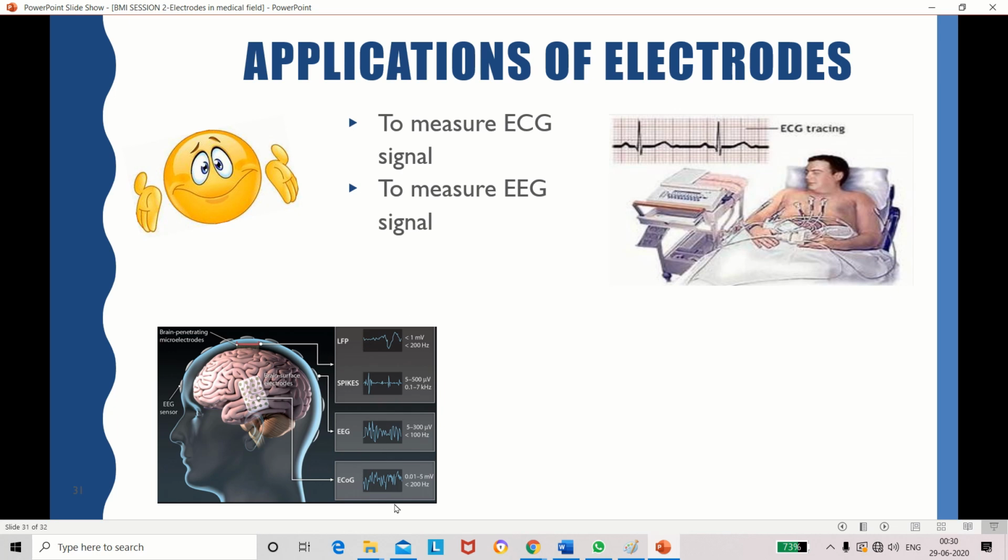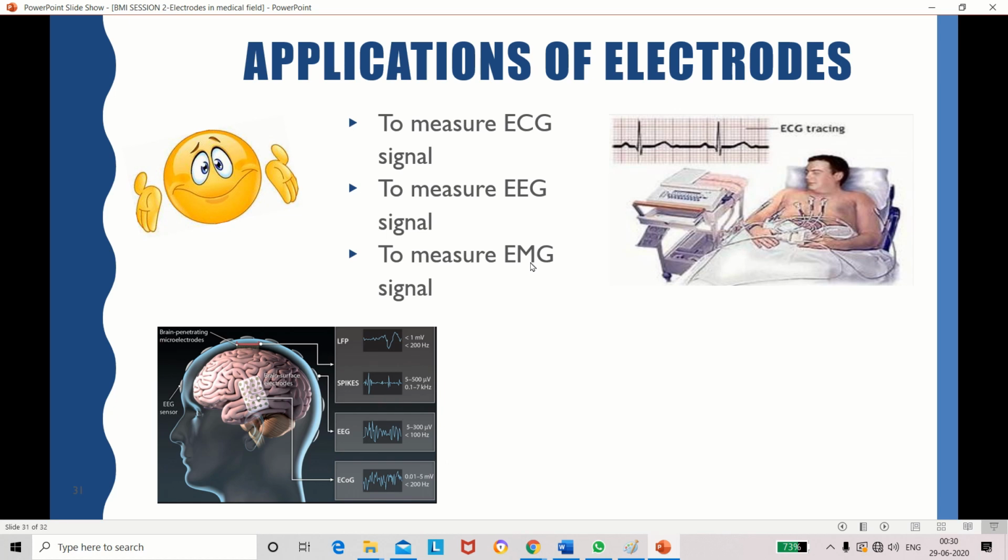Later we will discuss this topic. ECG and EEG are very important topics. How to measure the EEG signal and how we can analyze different types of signals, everything we will discuss in the next session.